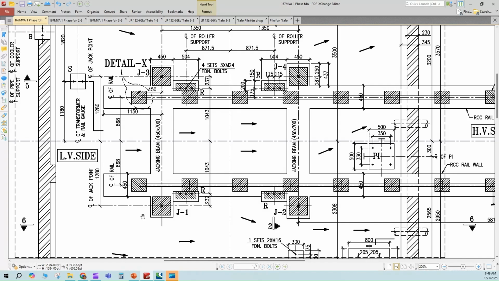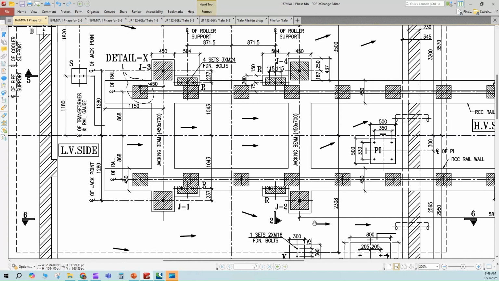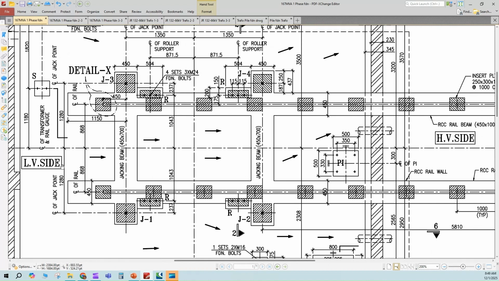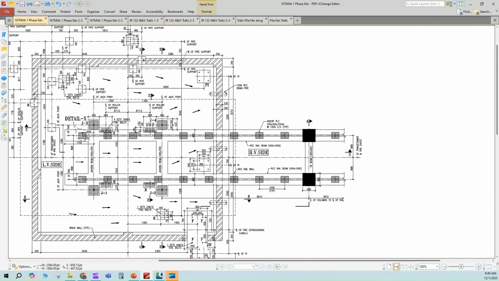There are 4 jack pads here, J1 to J4. This is the LV side. So the transformer is placed over the 4 jack pad positions.